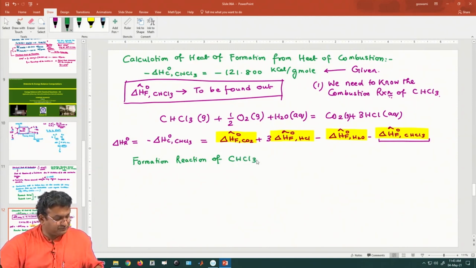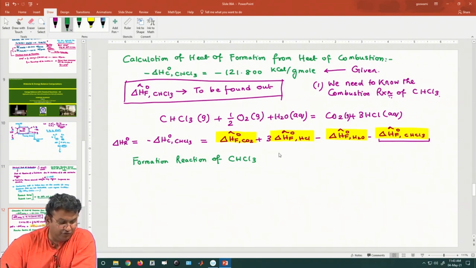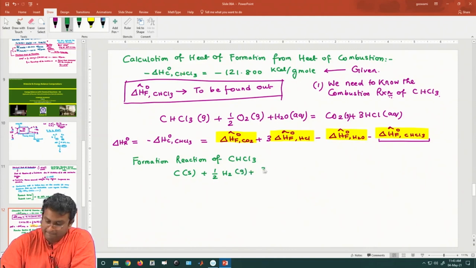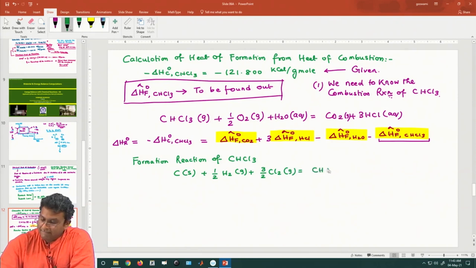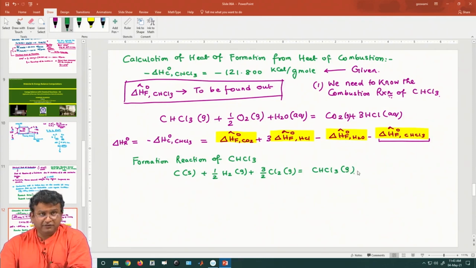So, the formation reaction of chloroform is as follows. Okay. So, this is how it goes.